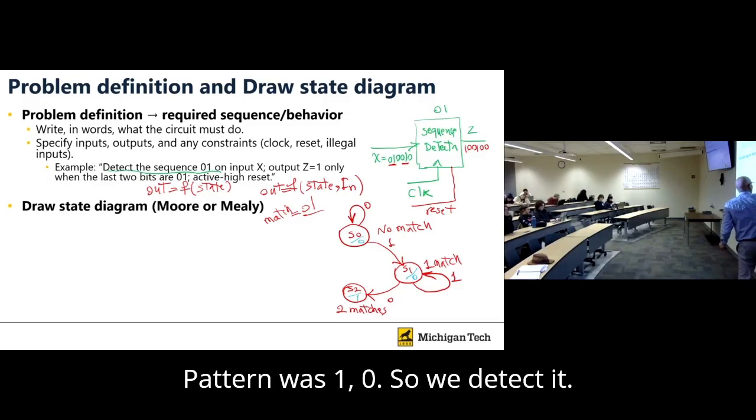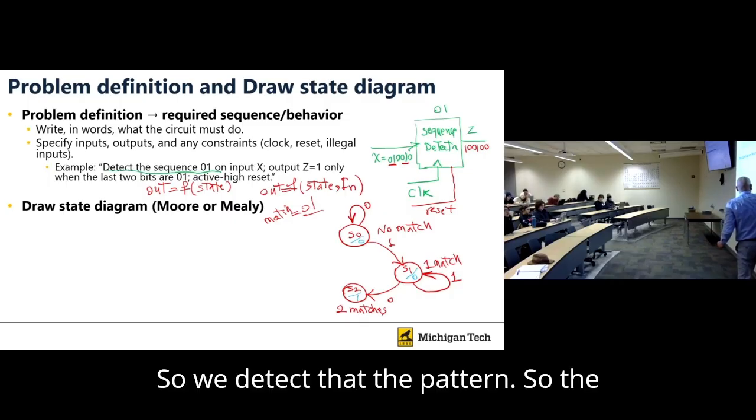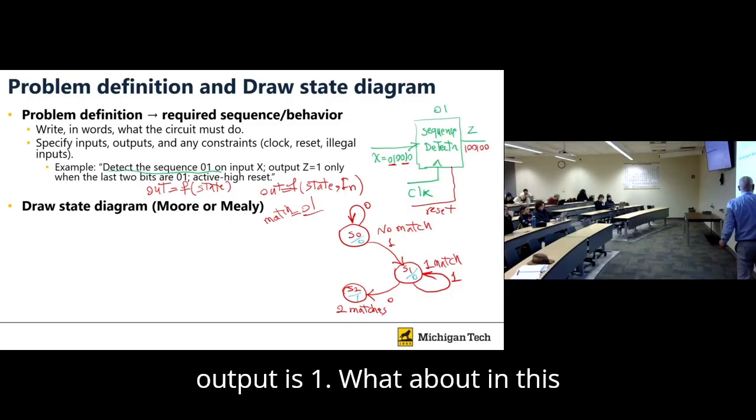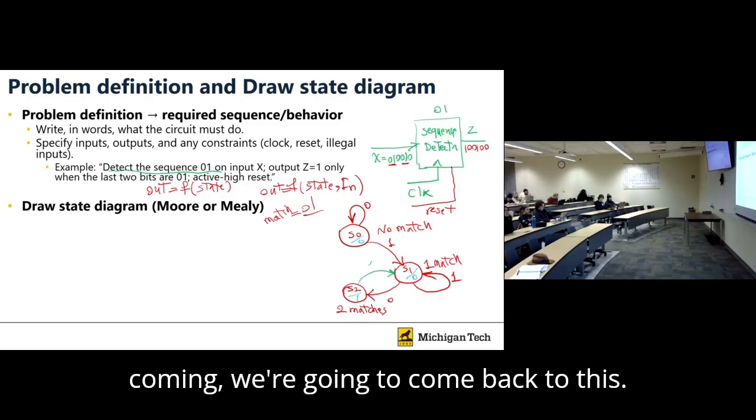Because here we detected the pattern. The pattern was 0, 1, so we detected it, and the output is 1. What about in this state? Maybe 1 comes. If 1 comes, we come back to state 1.